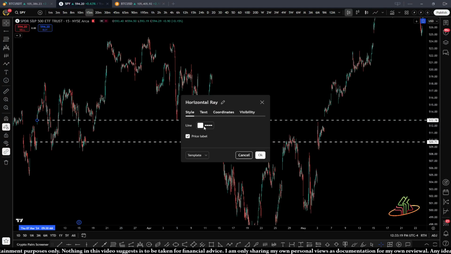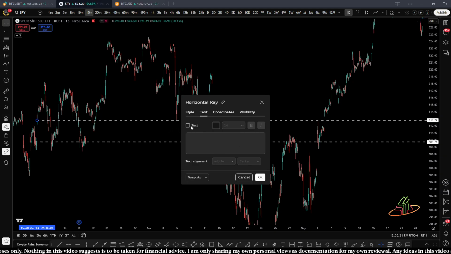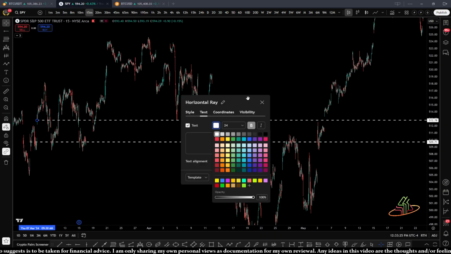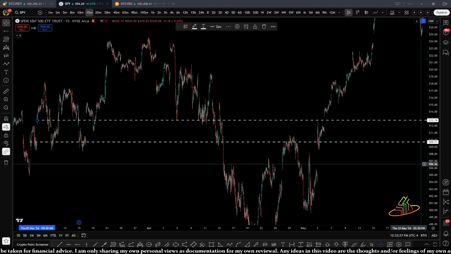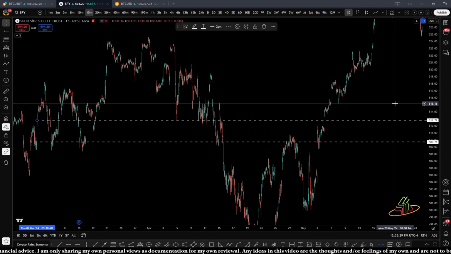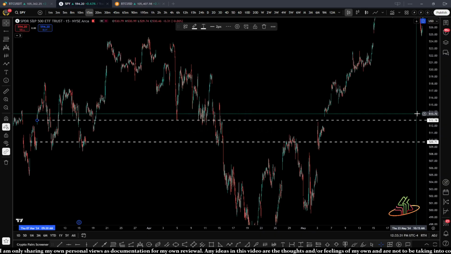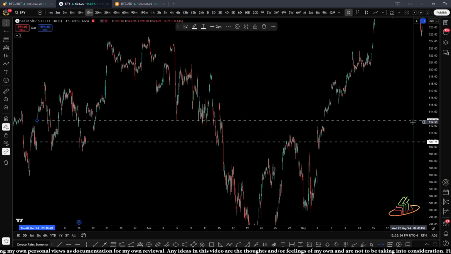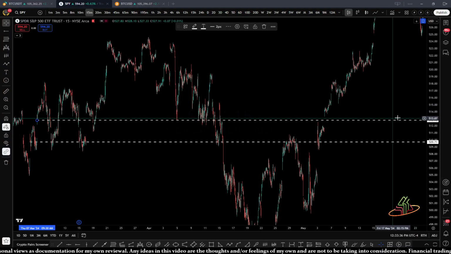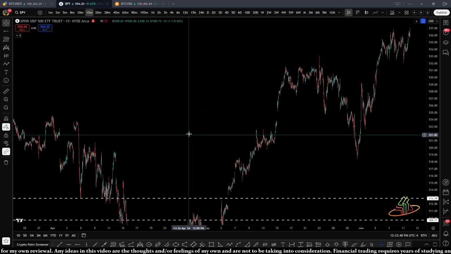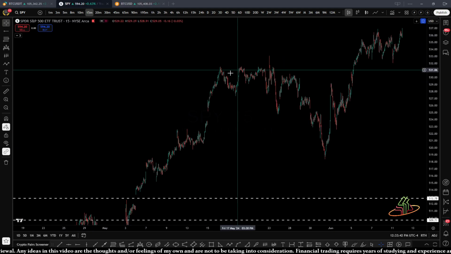So you double click on it and then go to text, highlight it, then you can fill it out and basically just give yourself a description of the line. Let yourself know this is from the 15-minute ORB on Monday or Wednesday or whatever the date was, just so that you could navigate and find these things with no problem.